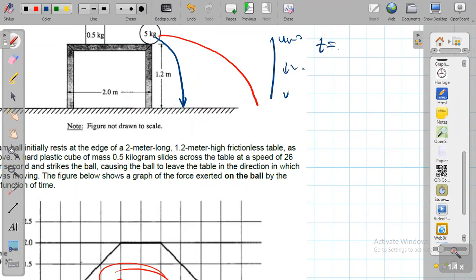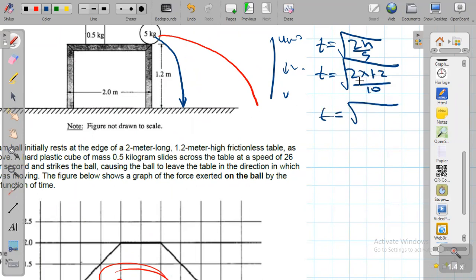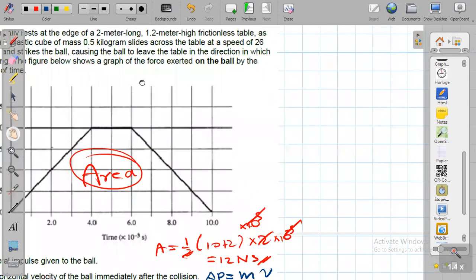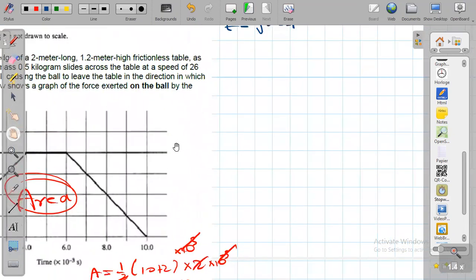So as I told you in the previous question, 2h over g is the time factor. 2 times 1.2 divided by 10 is the square root of 0.24. So 0.24 second is the time we just found, and we have to use a calculator.